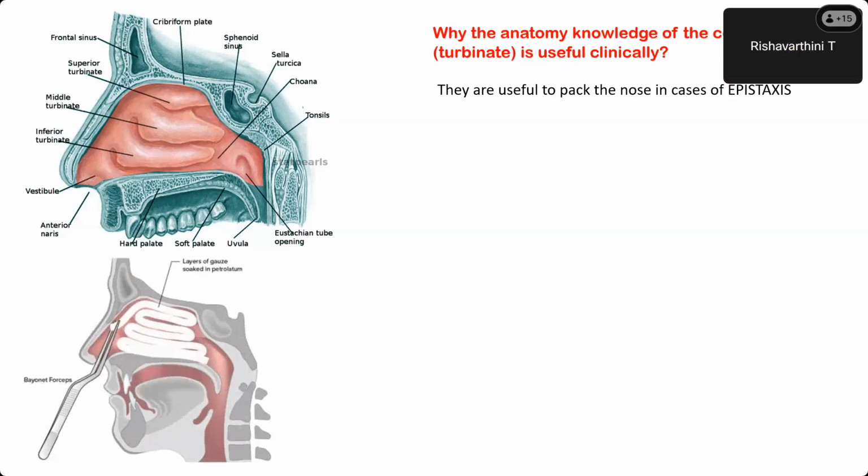So whenever there is nasal bleeding, this is how the nose has to be packed. Layers of gauze soaked in petroleum jelly are packed in between the grooves between the conchae, the superior, middle, and inferior. So what is this forceps? What is the speciality of this forceps? The name is written here.